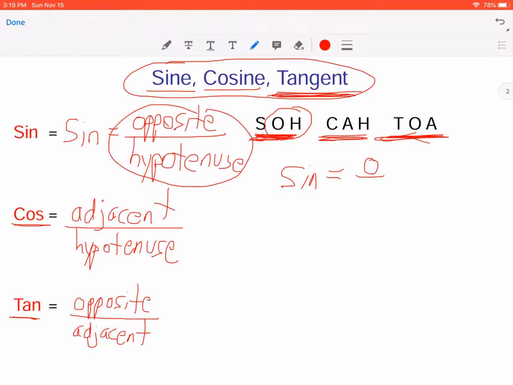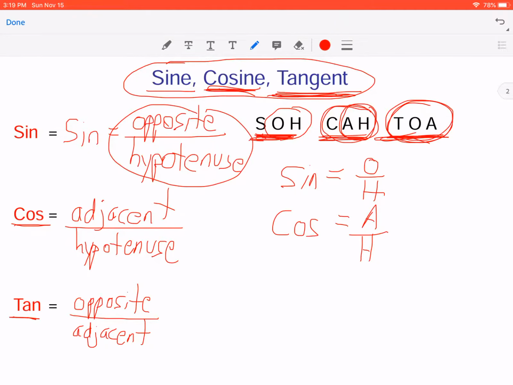So I'm just going to put O over H. Cosine is A divided by H. A stands for adjacent, H stands for hypotenuse. And the last one, tangent, is TOA. That stands for opposite divided by adjacent. So tangent is opposite divided by the adjacent side.